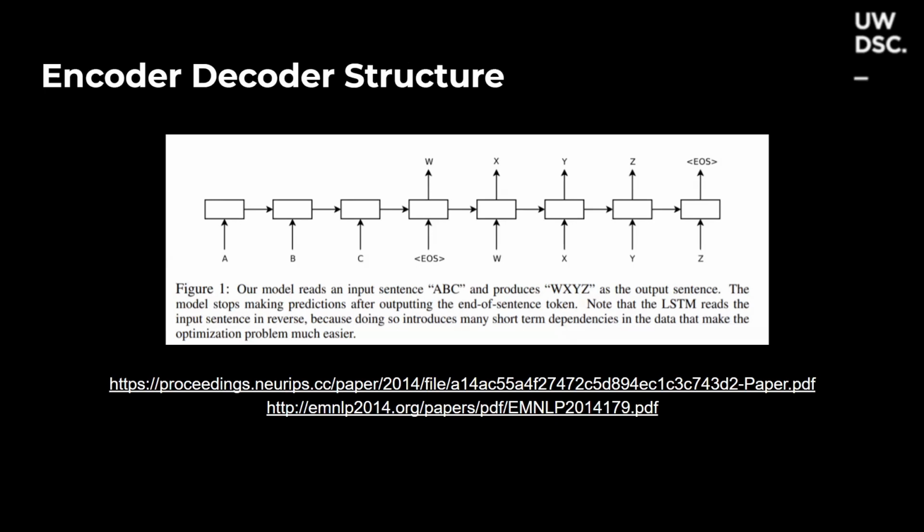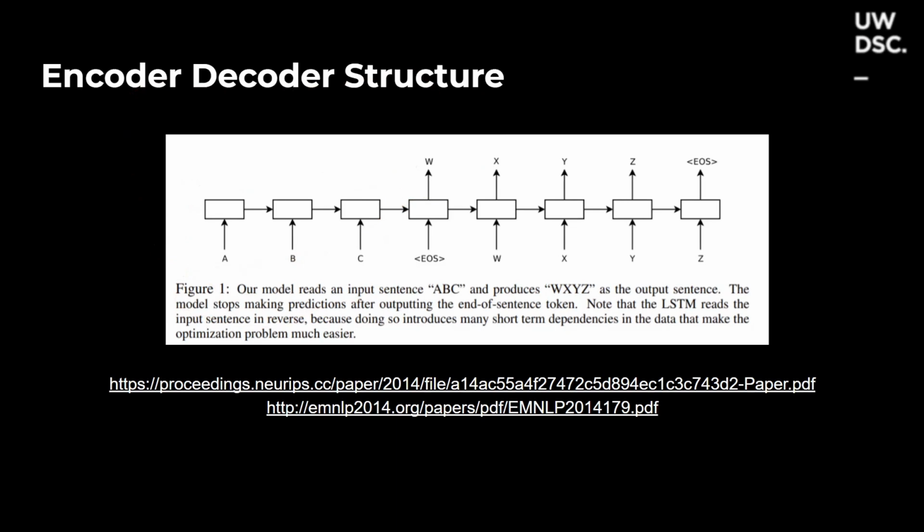Encoder-decoder structure. When we talked about LSTMs, usually what people use stacked LSTMs for is classifying sentiment analysis, like classification models. But for encoder-decoder structure, we look at a sequential input and then a sequential output.